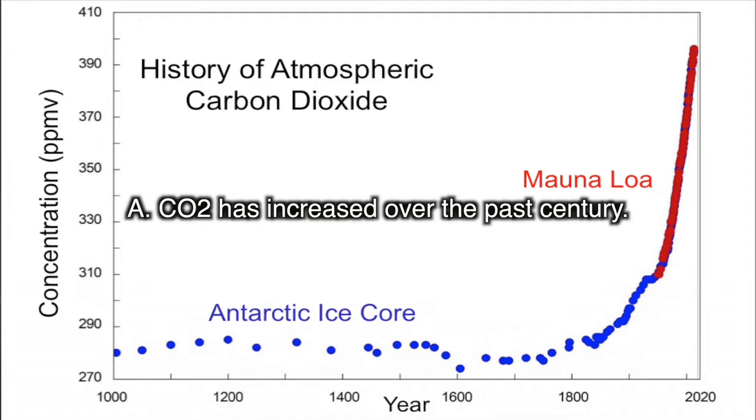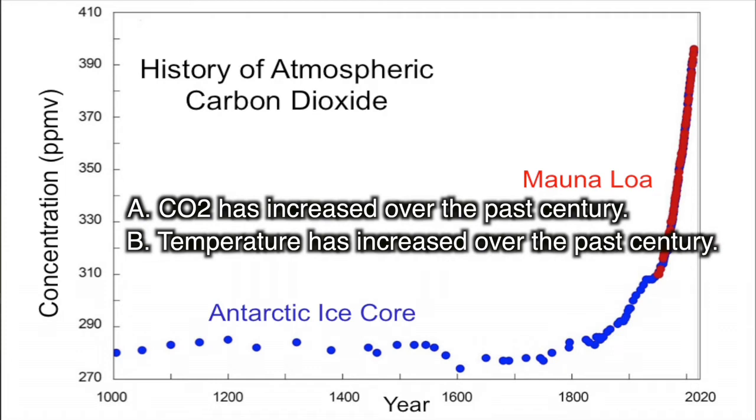And we can see that from the data from 1900 to 2000. Another observation is that the temperature of the Earth's atmosphere has increased over the past century. Those data are not shown here, but that's another observation we can make based on recorded observations from instruments such as thermometers.